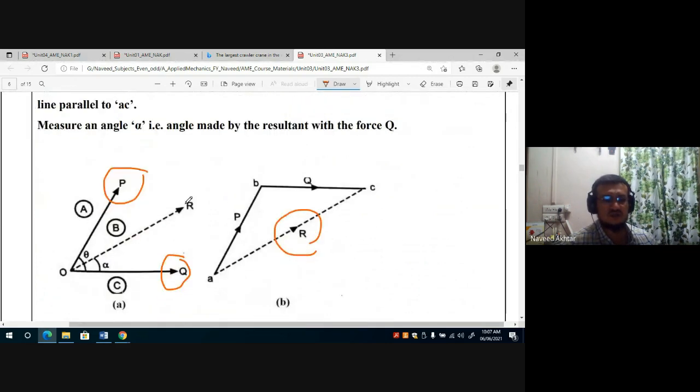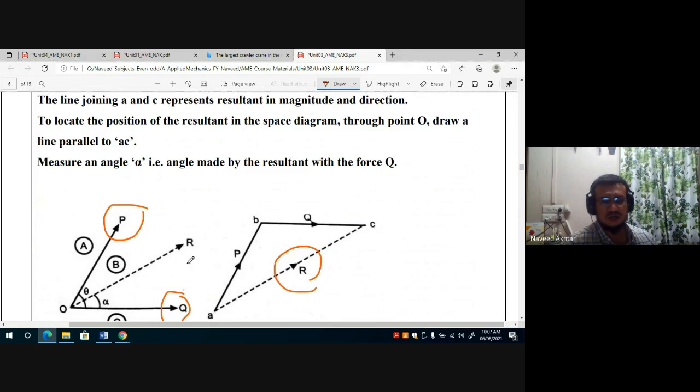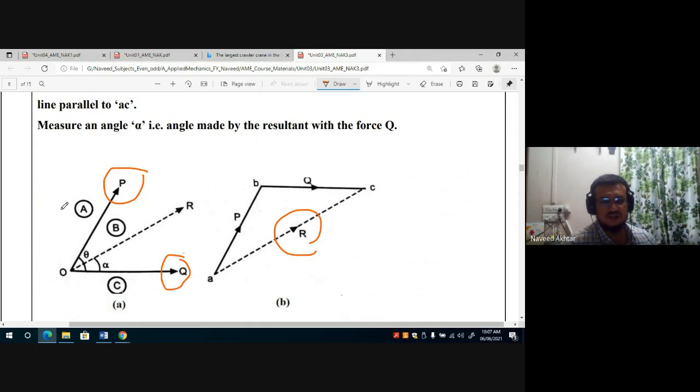First, we draw the force P with a certain scale, as per our decision, parallel to the force P, and we denote it in the space diagram as A and B, that is A to B. If the force is 10 Newton, and 10 Newton is equal to 1 centimeter, then a 10 centimeter line will represent the force, and the direction will be shown by the arrow.